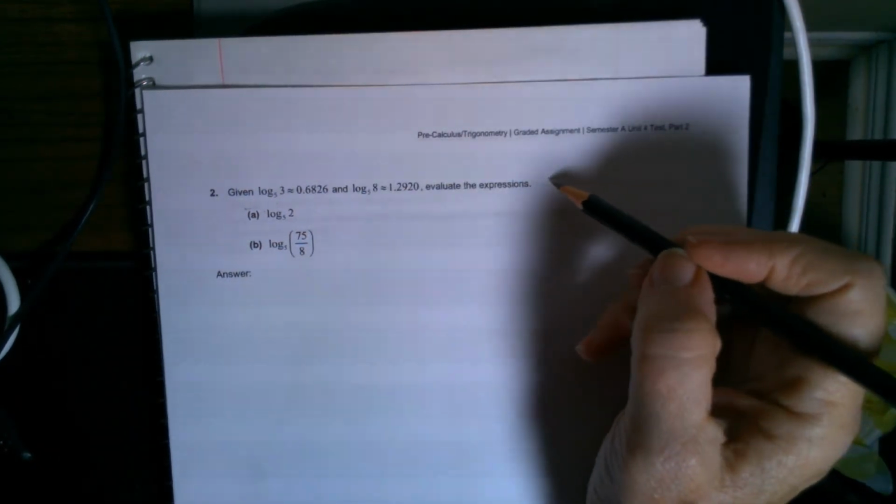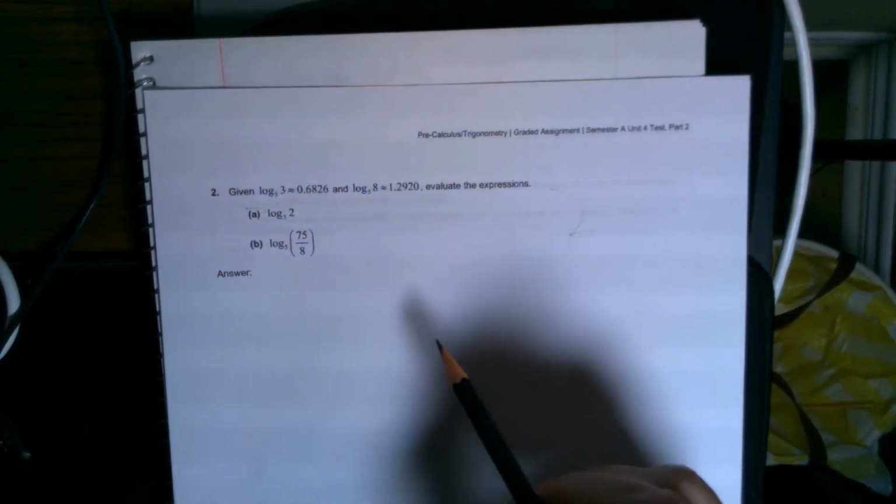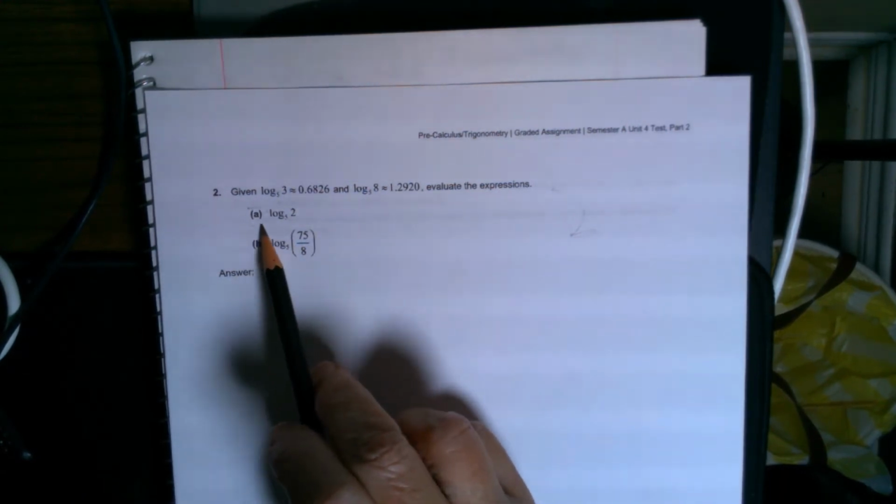Evaluate the expressions. Now this one was really tricky, easy to get off, easy to look at it different ways, so don't worry too much about getting the exact answer. In fact, I'm not going to guarantee that my answers are correct. We just want to demonstrate that we are practicing the log properties. So we want to evaluate first log base 5.2 and then log base 5, 75/8.